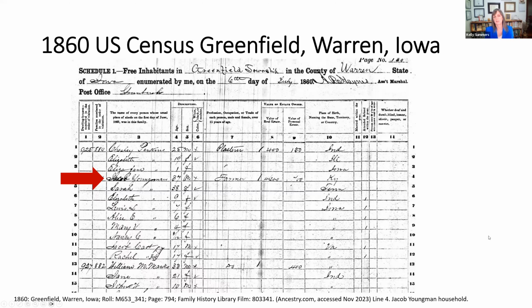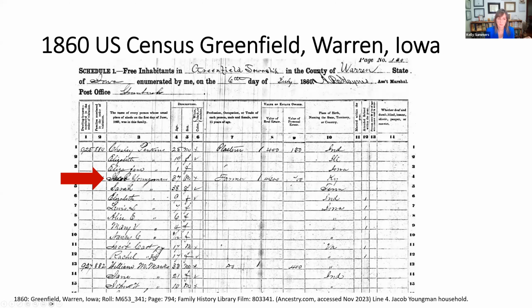Now, if you look at this a little more closely and you remember what we have found on past census years, you might wonder, is this the Rachel that Jacob marries later? Now, Jacob married a second time about 1864. So about 4 years later than this.